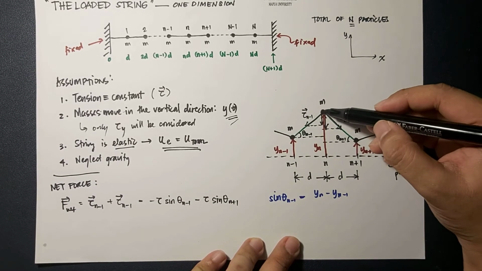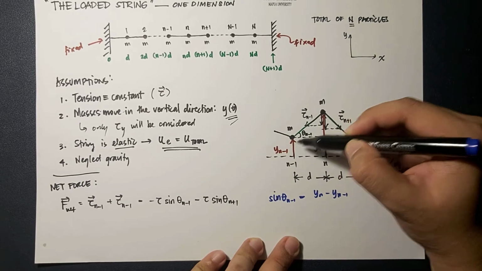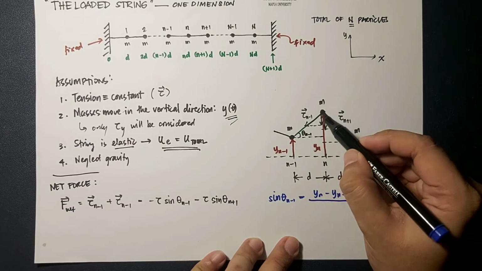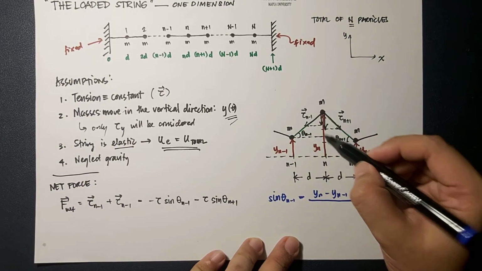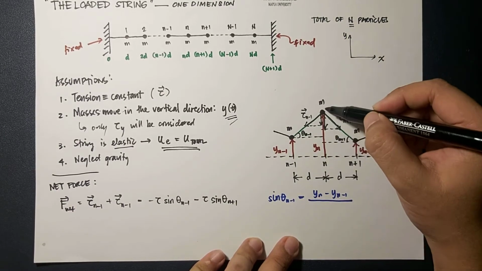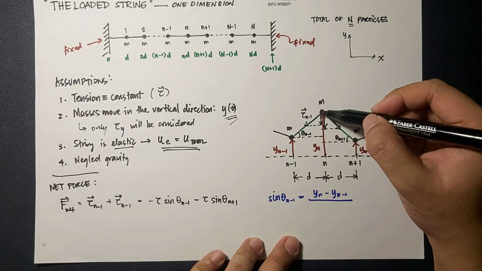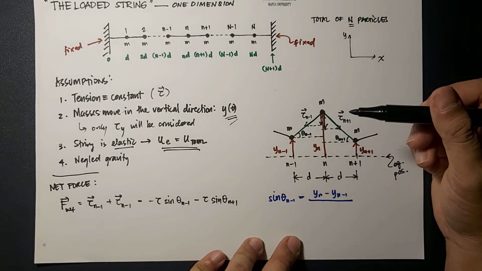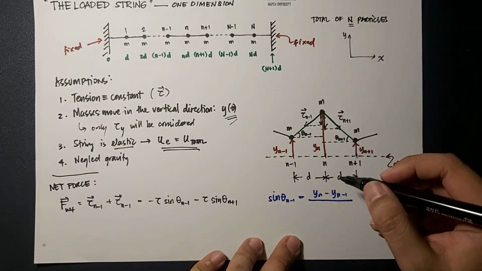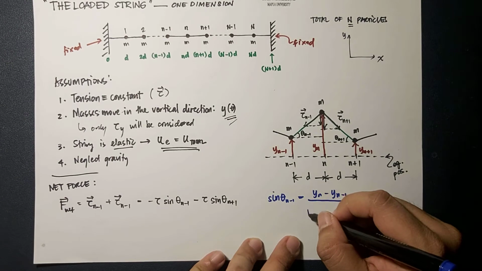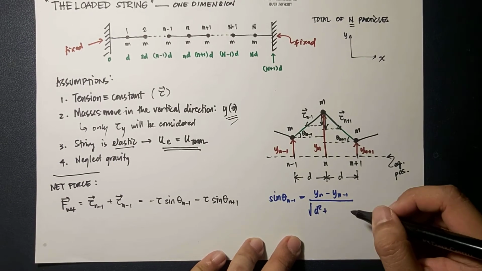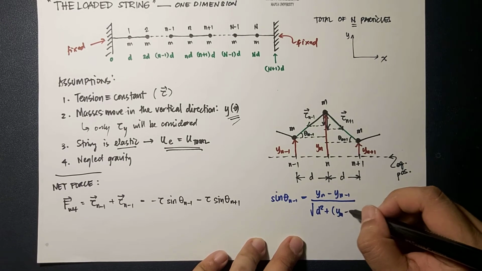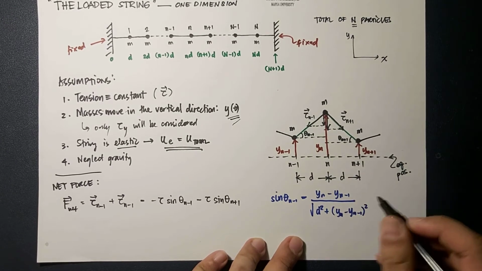So this is yn minus yn plus 1, so this is the length divided by this length, which is the square root of d squared plus yn minus yn minus 1 squared.